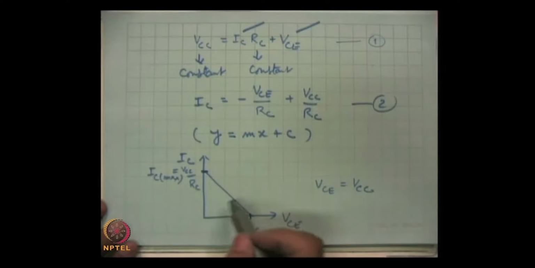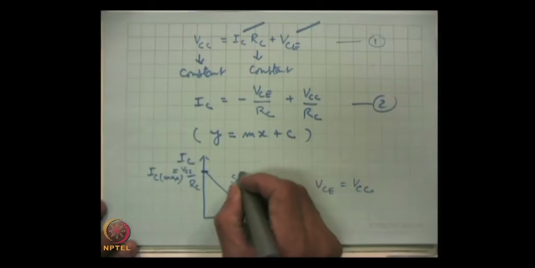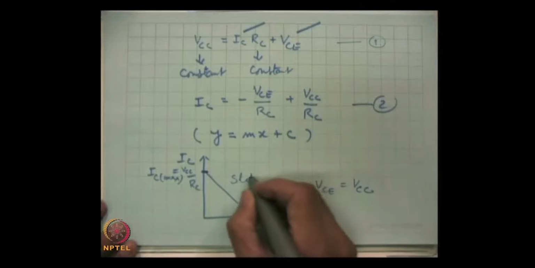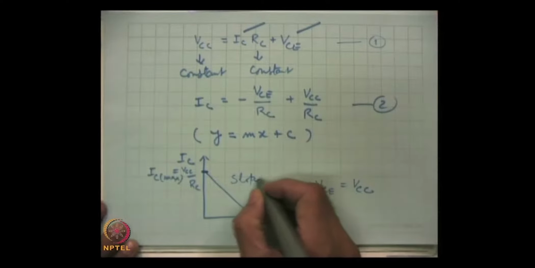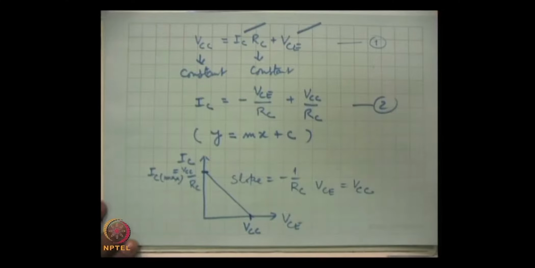Now, the slope of this line is minus 1 by RC.